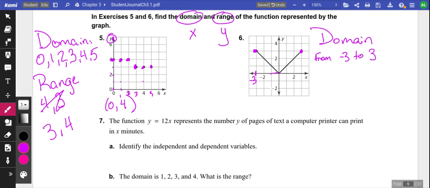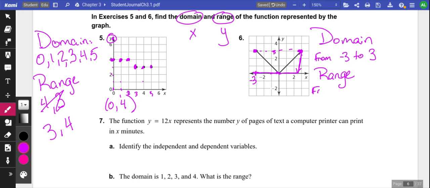Then in my range, I'm thinking not about where I'm going from left to right like I am here. I'm thinking how far do I go up and down? So my very highest y value, this point and this point over here, I've got 3. Well, really, I should have started with my lowest point.